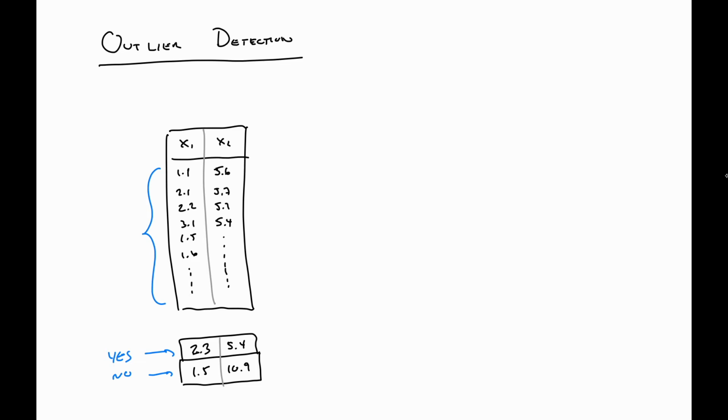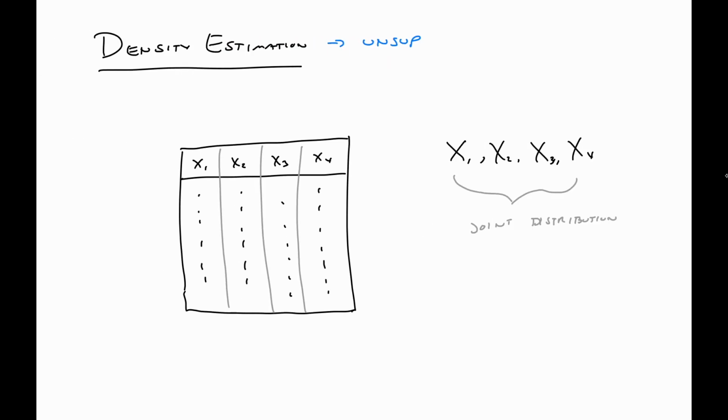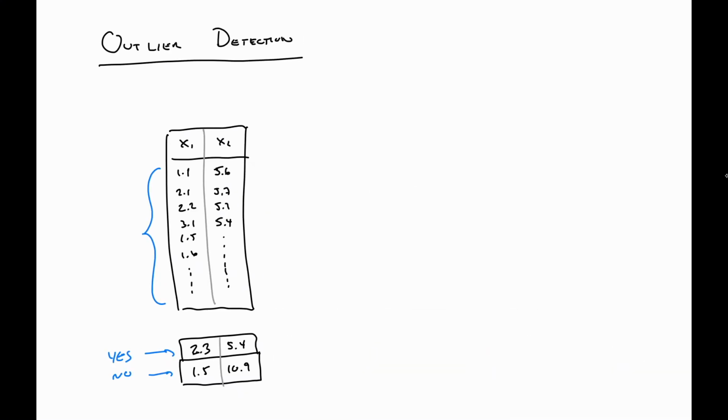And this is a tie-in to the density estimation. If we had the distribution of x1 comma x2, we could simply see what the densities were for these 2 new points, and if it's really low, that's possibly an outlier. So visually, and this is not going to be the same data, it would maybe look more like this.